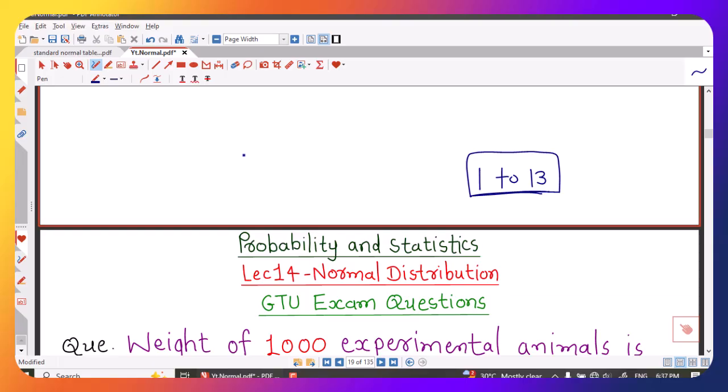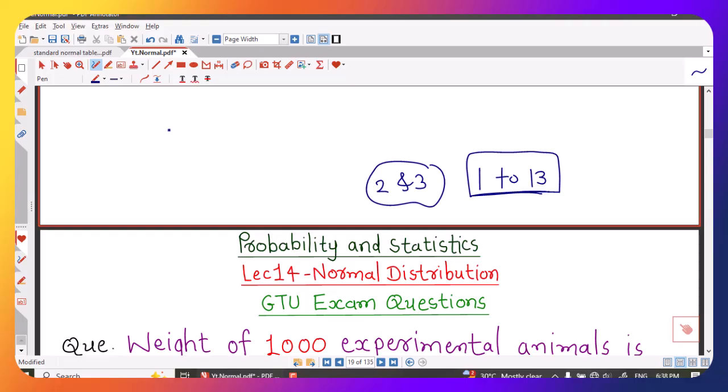So you must be familiar with the use of normal distribution tables, that you can watch in lecture number 2 and 3. There I have explained the use of normal distribution tables in calculating probabilities.